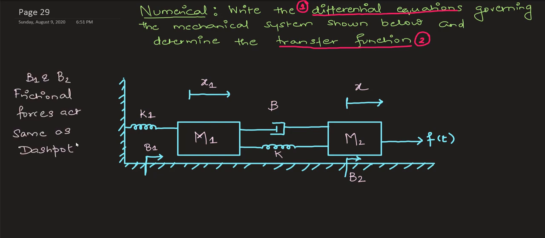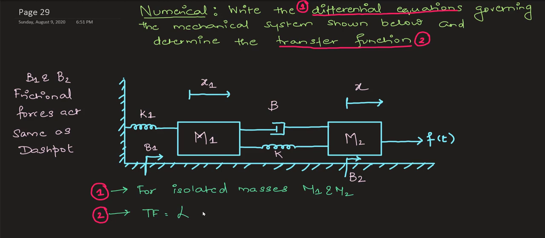The first thing we are going to do is isolate the masses M1 and M2, obtain the force equation, and then convert that force equation to its differential representation. Once we have the differential representation, we will see how we solve for the transfer function.